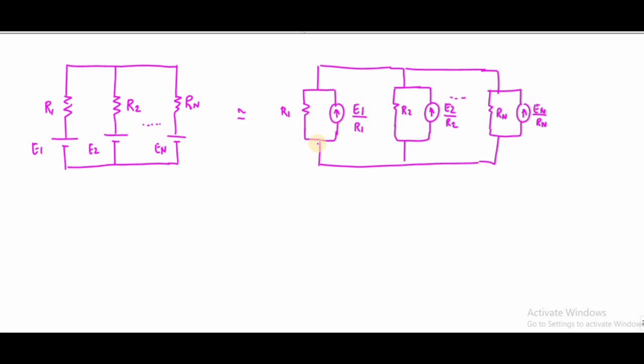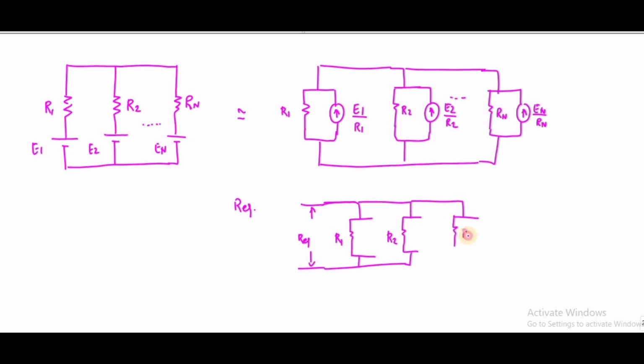If I want to find the R equivalent value, I need to open circuit the current sources. Then I will have only the resistors R1, R2 and Rn, which are in parallel.